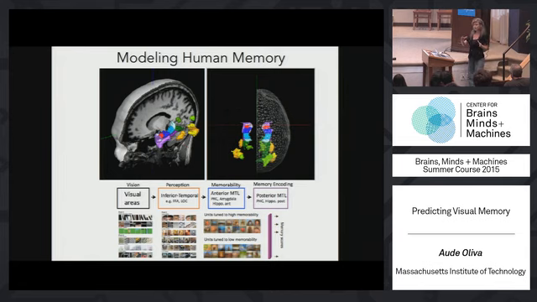I'm not saying that the model I'm showing to you is a model that imitates the brain, but it's a model zero, and now it can be tuned to the calculations that are done at different levels along the visual to the memory hierarchy in order to characterize visual memory.